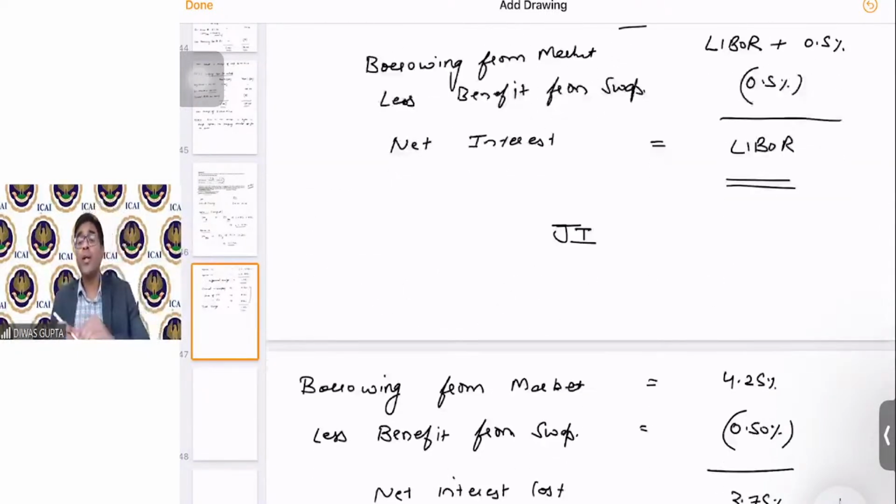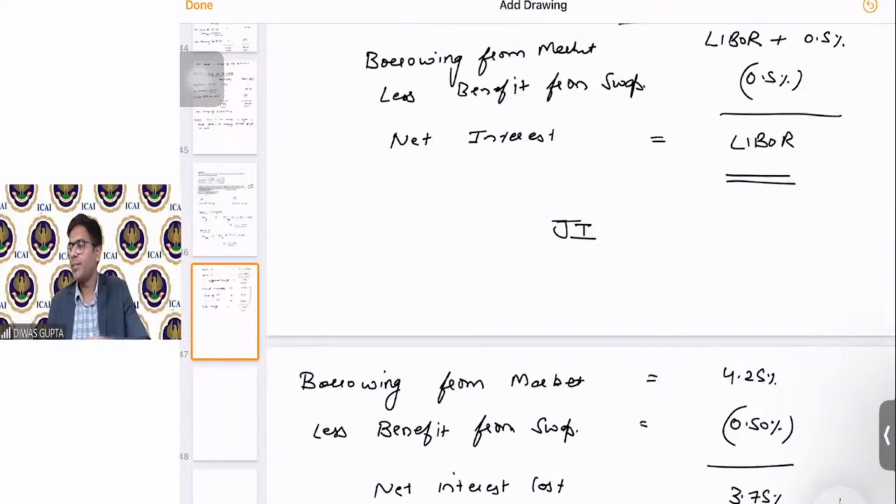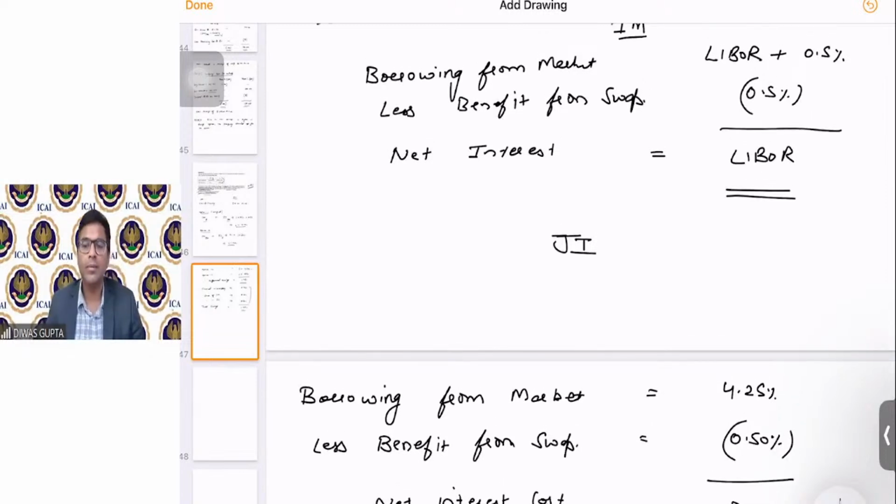So from 4.25, the original rate, the net interest cost will be arrived at 3.75 because of the swap, students. I hope this is clear, students.